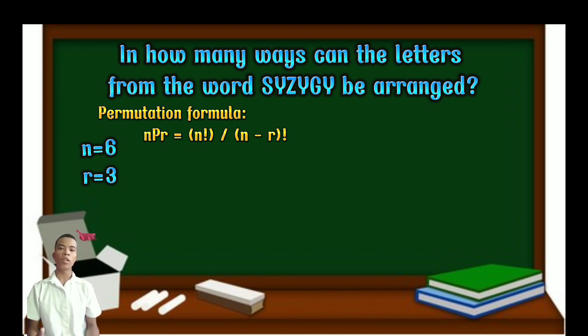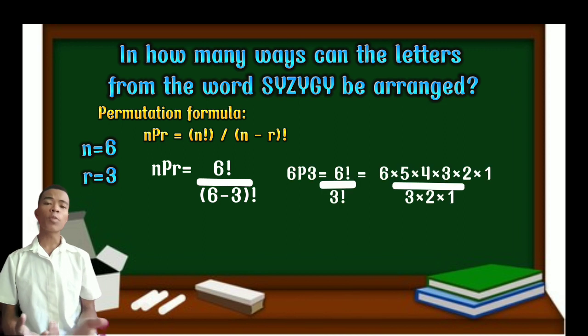Then we have nPr equals 6 factorial over 6 minus 3 factorial. And we all know that 6 factorial is the same as 6 times 5 times 4 times 3 times 2 times 1, and 6 minus 3 factorial equals 3 factorial, which is also 3 times 2 times 1.